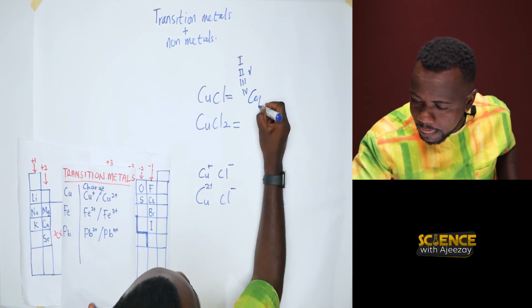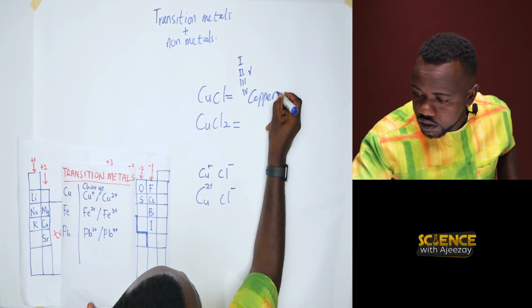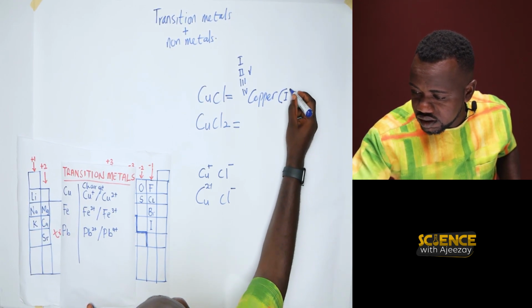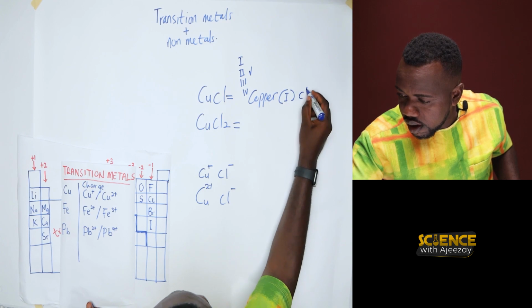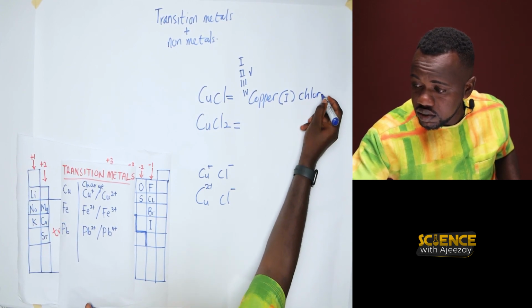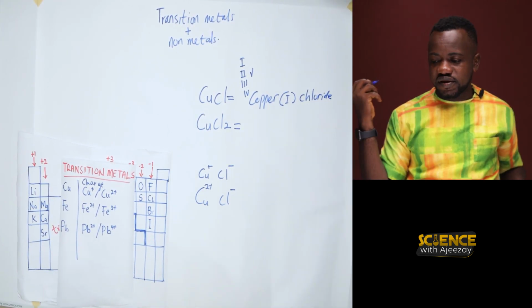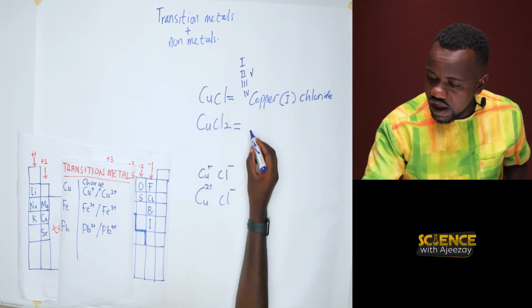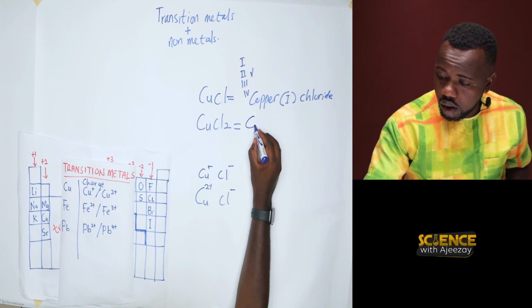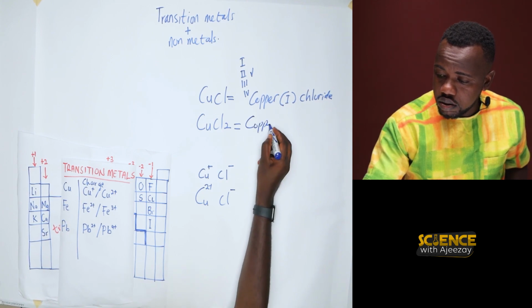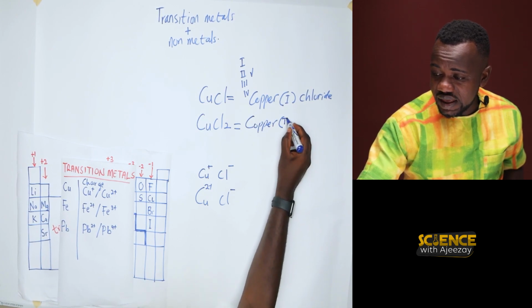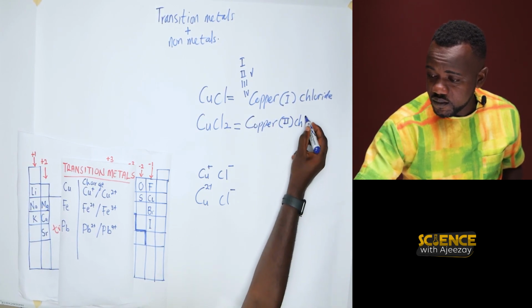So here it is copper, then you bring your brackets, (I) chloride. If you go to the second one, the copper here is 2. So we have copper, you bring your (II), copper (II) chloride.